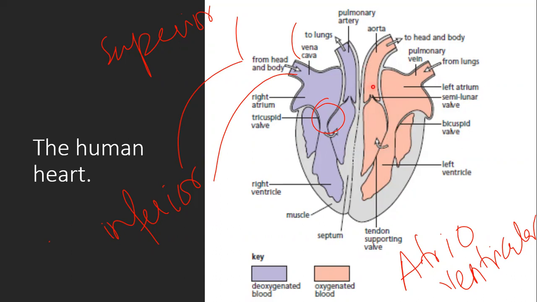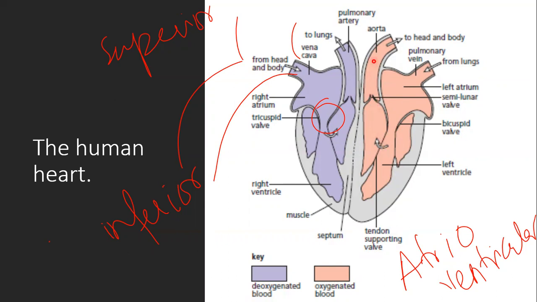and your semilunar valve will open. In the pulmonary artery and in the aorta, the valves are known as semilunar valves. So the semilunar valve of the aorta will open. So the AV valve, the atrioventricular valve, is closed, and the semilunar valve is open. Then when the ventricle contracts, all of the blood will pass on to the aorta.